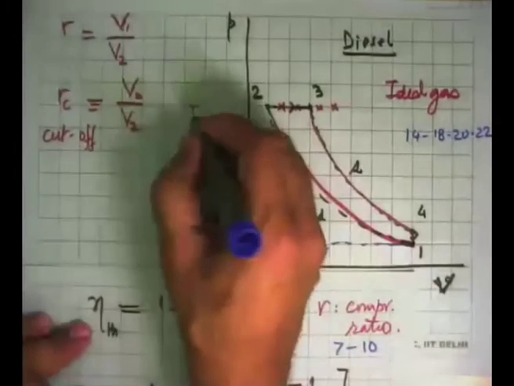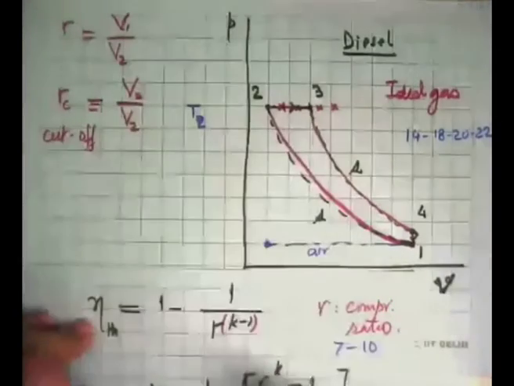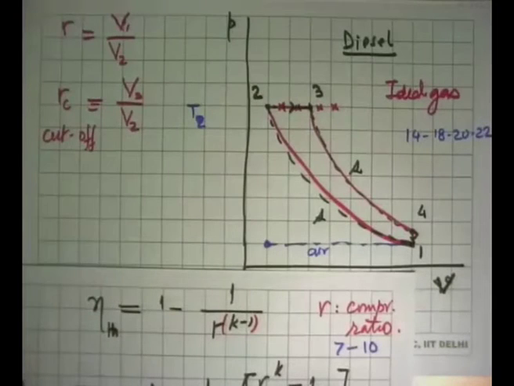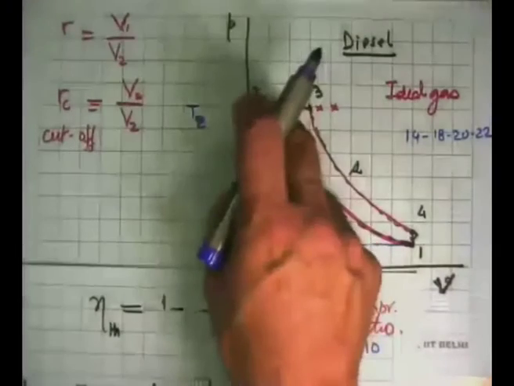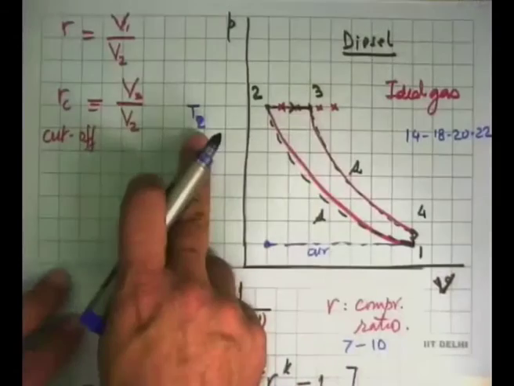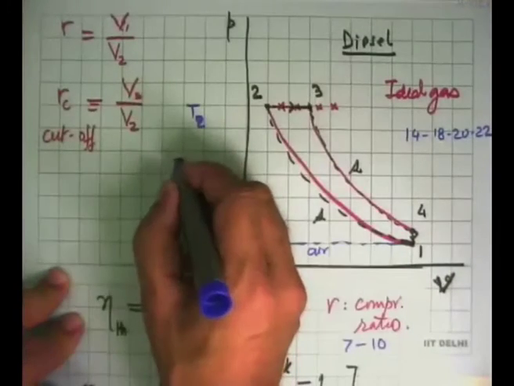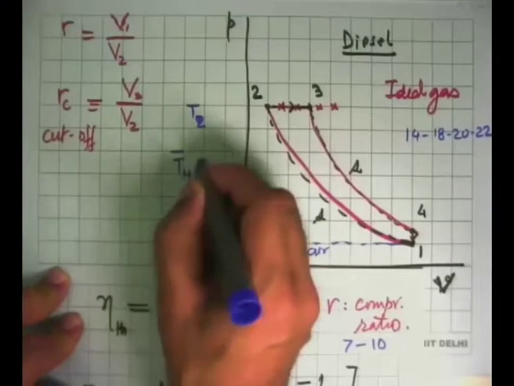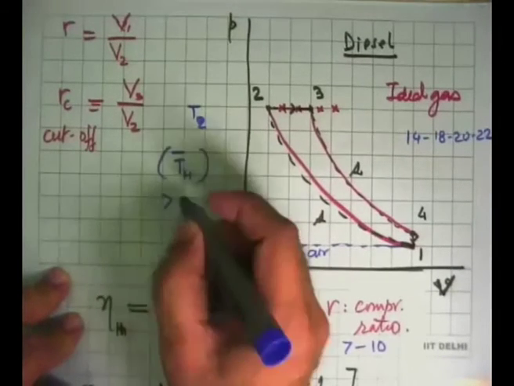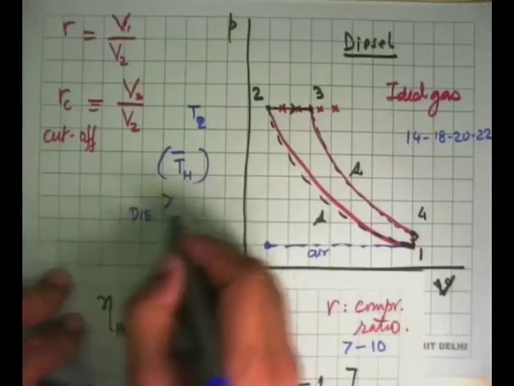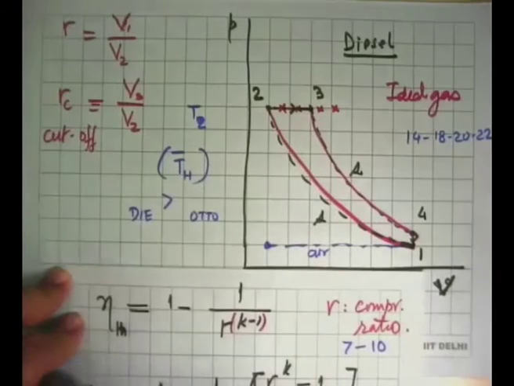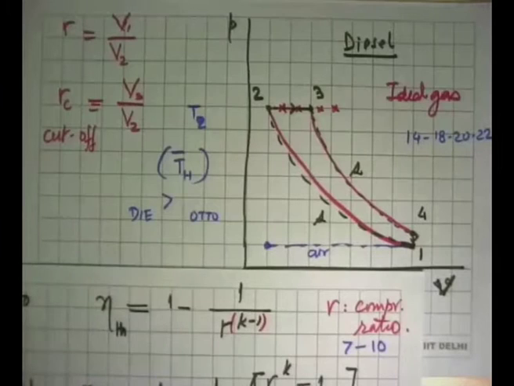So the temperature T2 in the diesel cycle will be much larger than the temperature at the end of the compression process in the Otto cycle. That gives an advantage to diesel cycles, because of this higher temperature at which heat input takes place, the average temperature at which heat addition takes place is greater for the diesel cycle than for the Otto cycle. And that's why diesel engines in general have higher efficiency than Otto cycles.